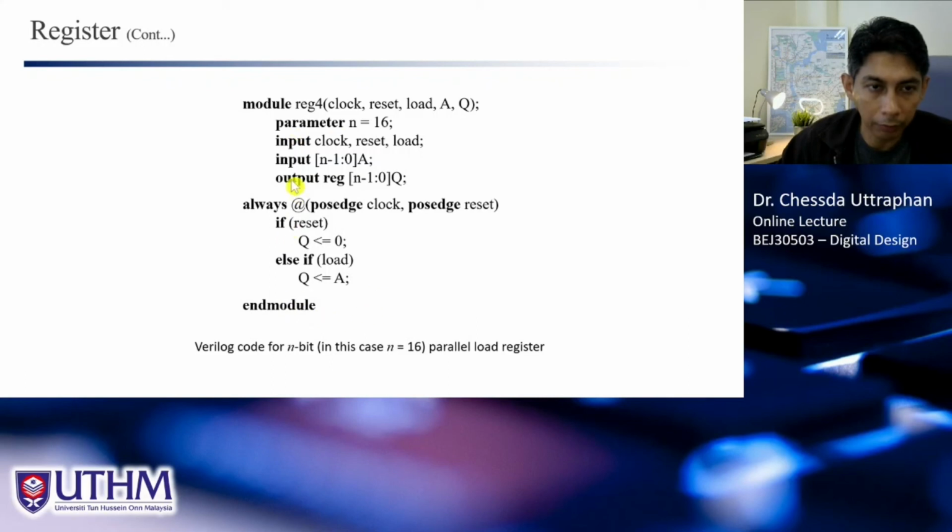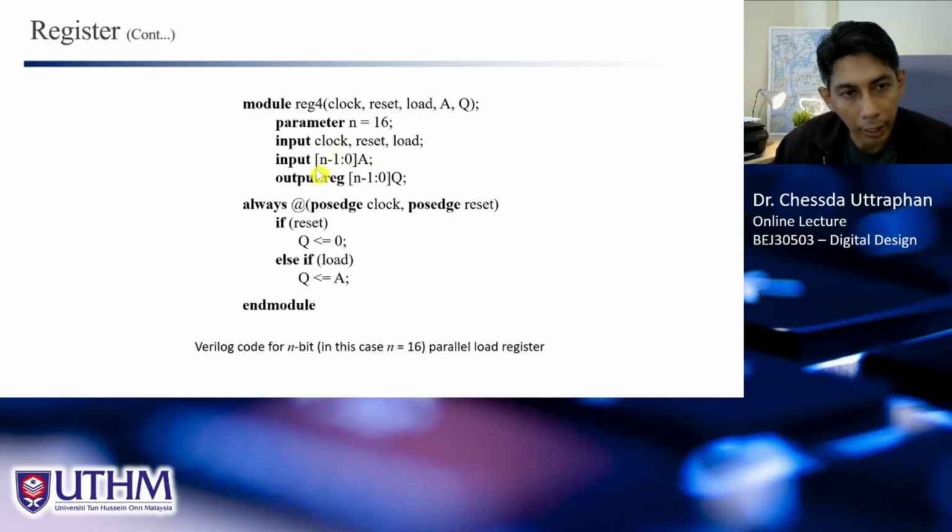For example, our register is 16-bit in size, and we use the parameter n equal to 16, meaning that n holds the value of 16. Here we have the 1-bit inputs clock, reset, load, and input A of n minus 1 down to 0, which is 15 to 0, because n is 16 minus 1 is 15. The output is Q from 15 to 0.